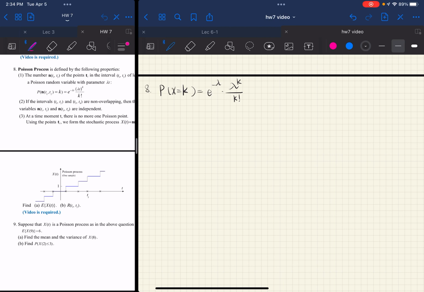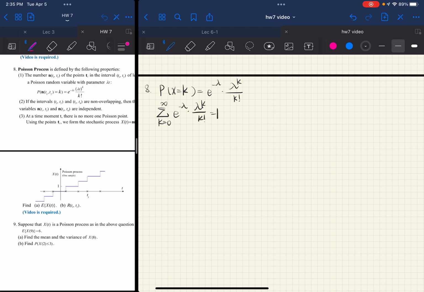Based on the property of a distribution, the summation should equal 1. So we have the sum from 0 to infinity equals 1.